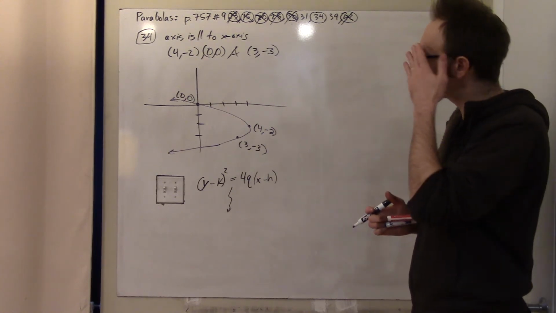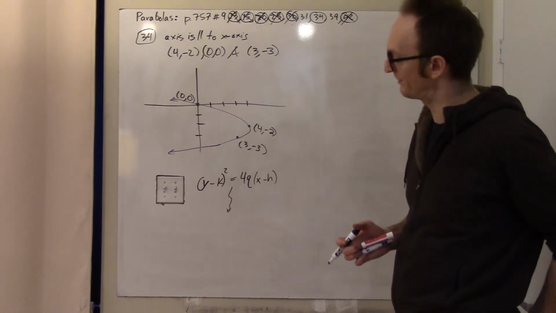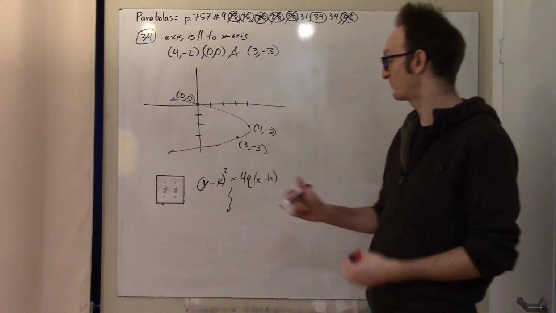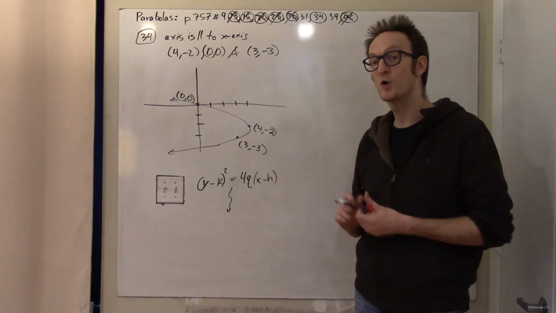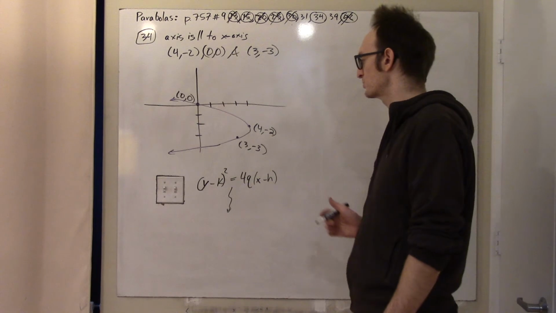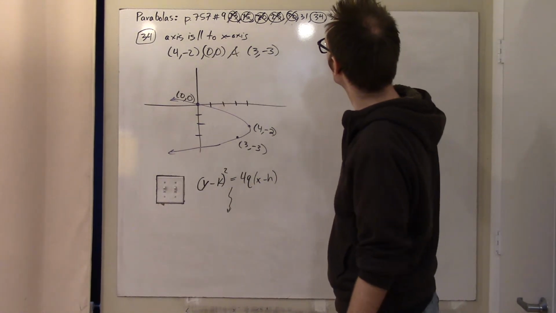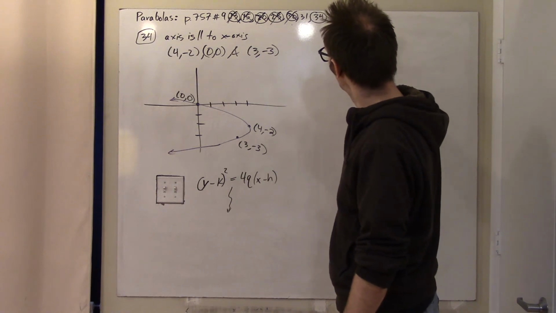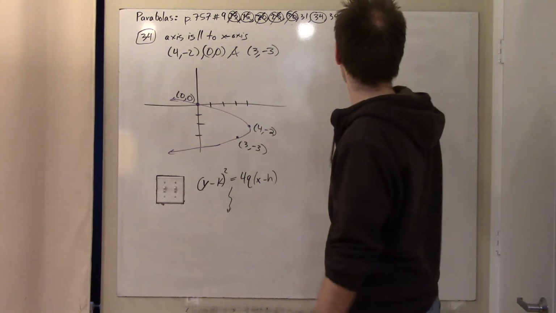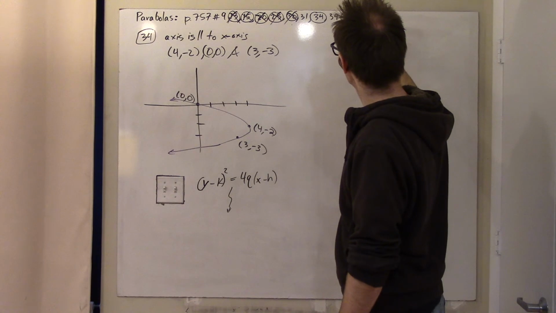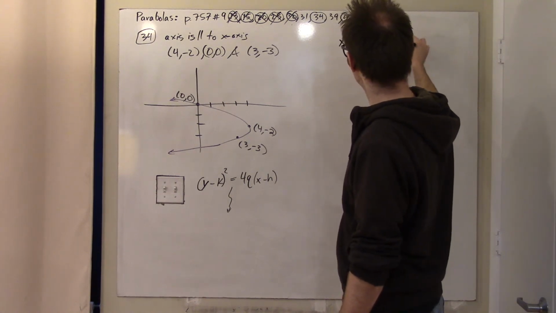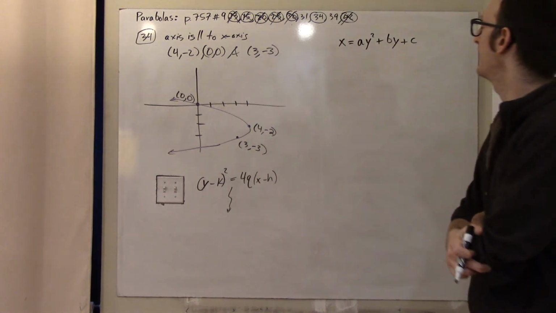A slightly smarter way to do this problem is to not use this form, but to just know that this is a sideways parabola. What does that really mean? It means that it can be written as x equals some quadratic in y. It's much smarter to set it up like this algebraically.